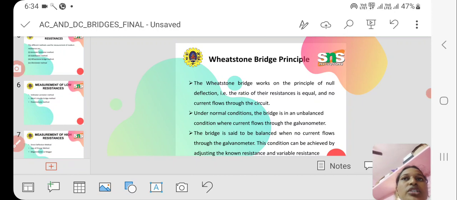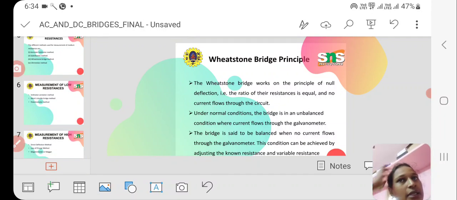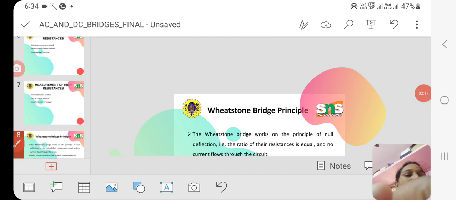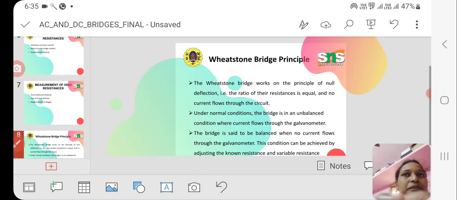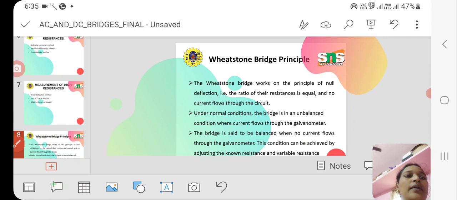A Wheatstone bridge is a type of DC bridge that is used for measurement of an unknown resistance in the range of 1 ohm to 0.1 mega ohms. It is a series parallel combination of 4 resistances that provides zero deflection when the circuit is balanced.